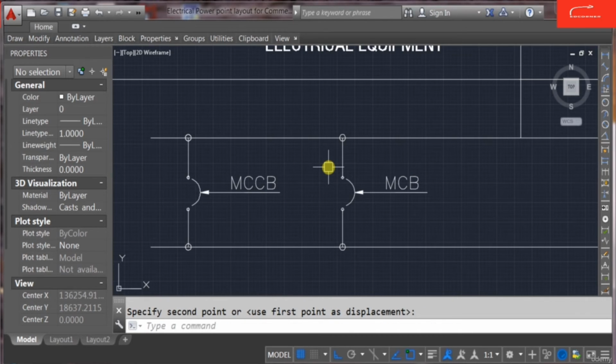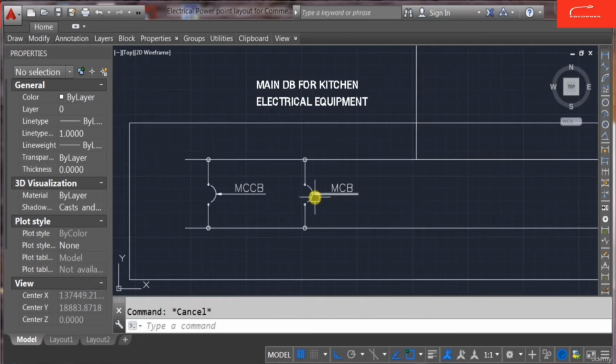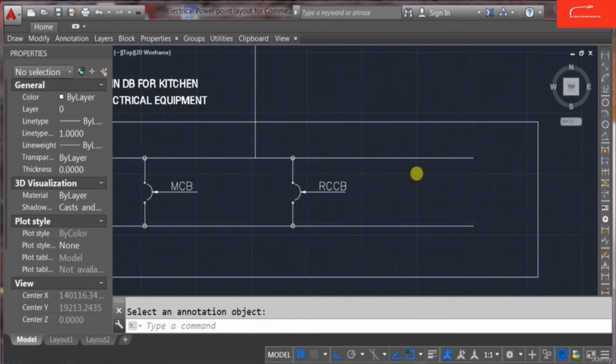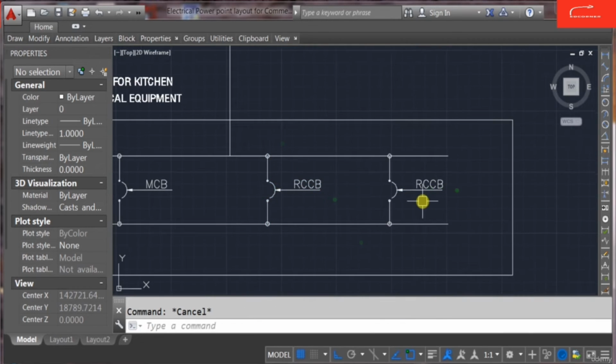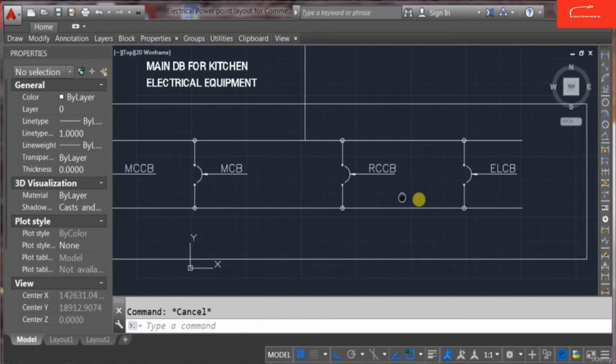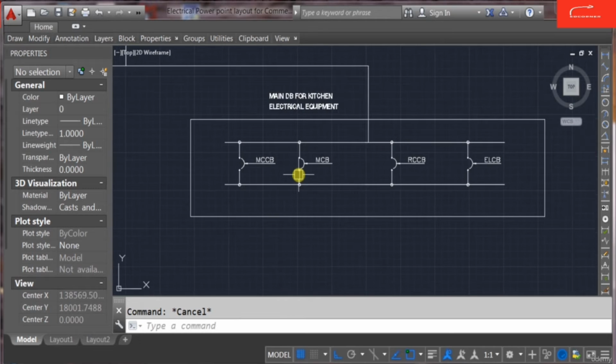This MCCB called molded case circuit breaker. Then RCCB, residual current circuit breaker. And this is ELCB, earth leakage circuit breaker. So these are the main circuit breakers required in the main DB.